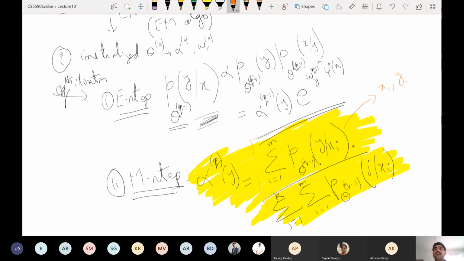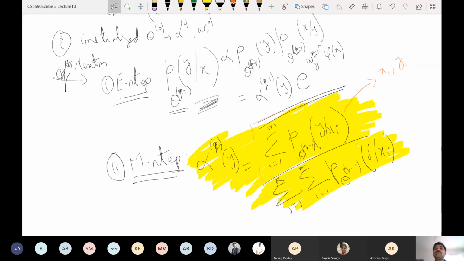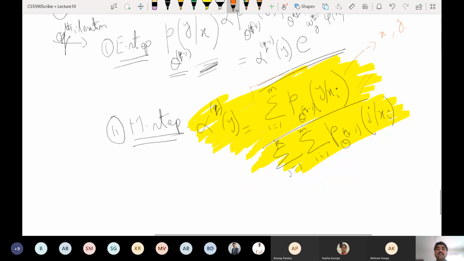For each xi, I have a soft value of likelihood associated with every cluster ID. I am just taking this particular cluster across all examples and properly normalizing. All of these calculations are based on the current value of the iterate, that means my current belief of the model.